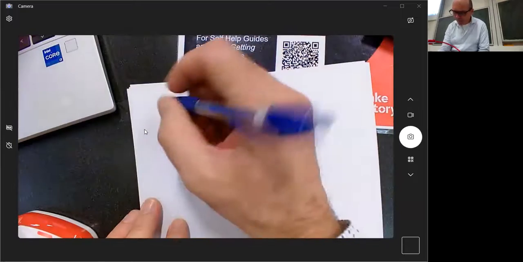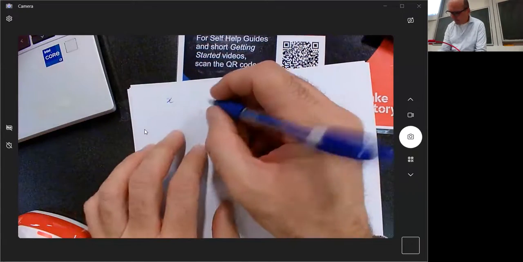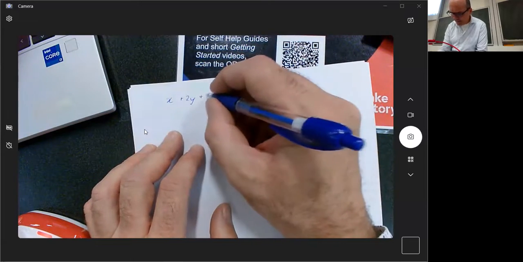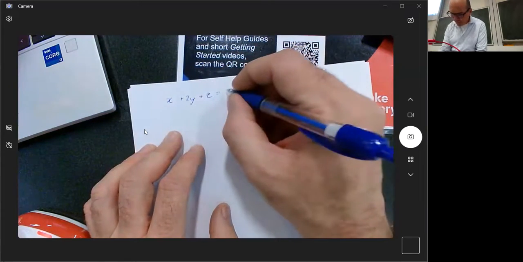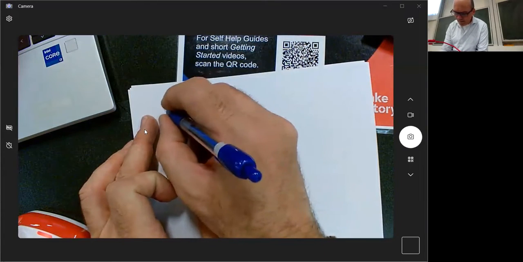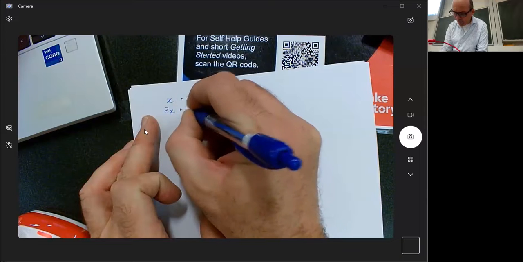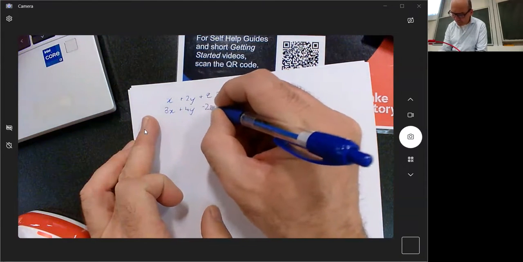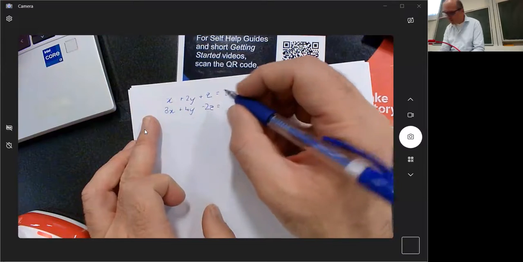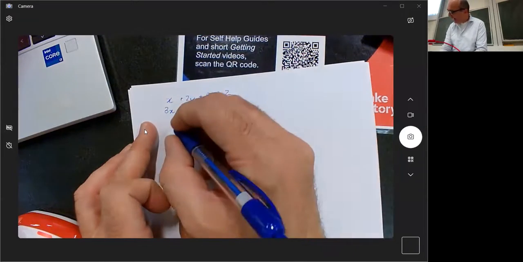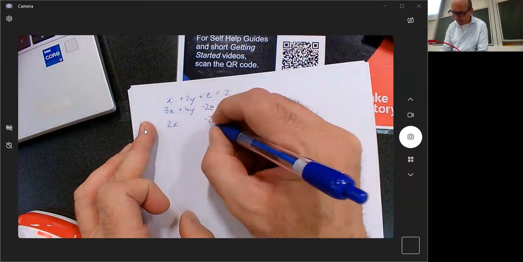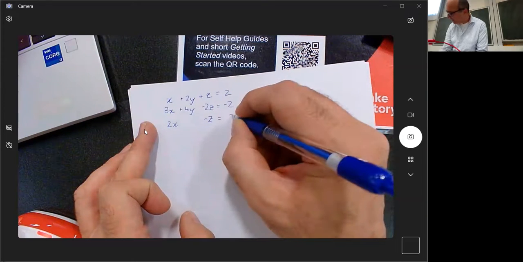So for example, x plus 2y plus z is equal to 2, and then 3x plus 4y minus 2z is equal to minus 2, and 2x minus z is equal to 2.